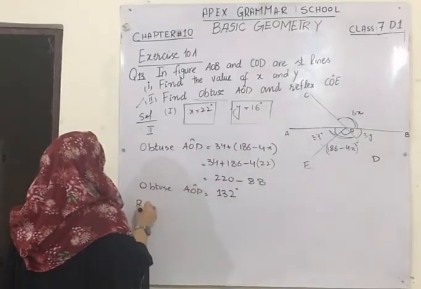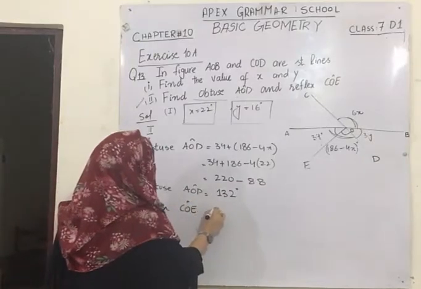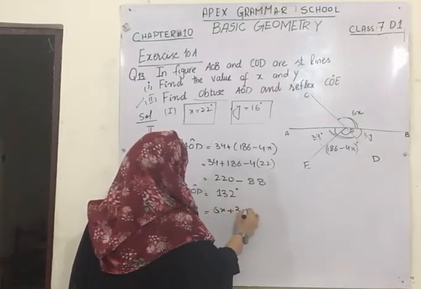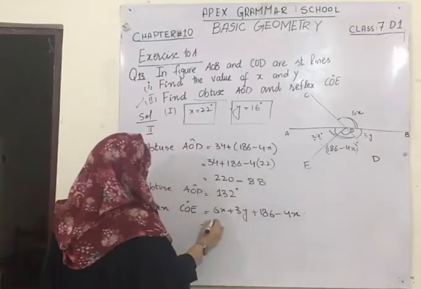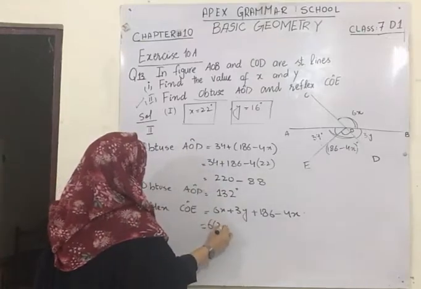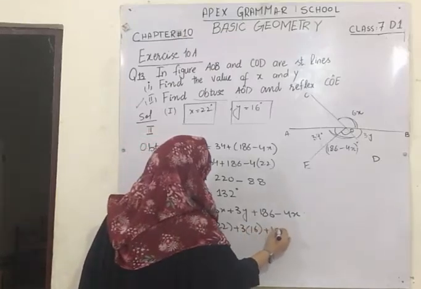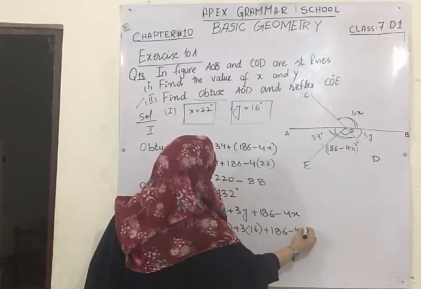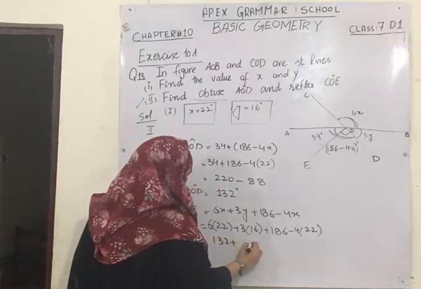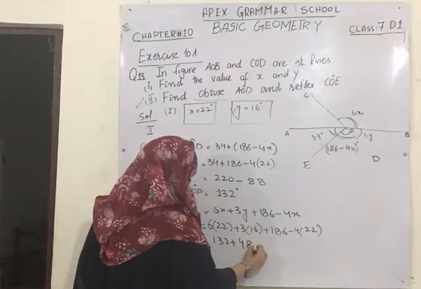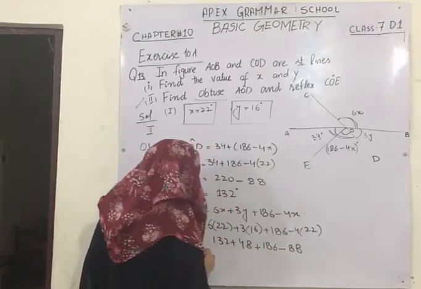So reflex COE would be equal to 6x plus 3y plus 186 minus 4x. The value of x was 22. The value of y is 16. 186 minus 4, the value of x is 22 degrees. 132 plus 48 plus 186 minus 88.